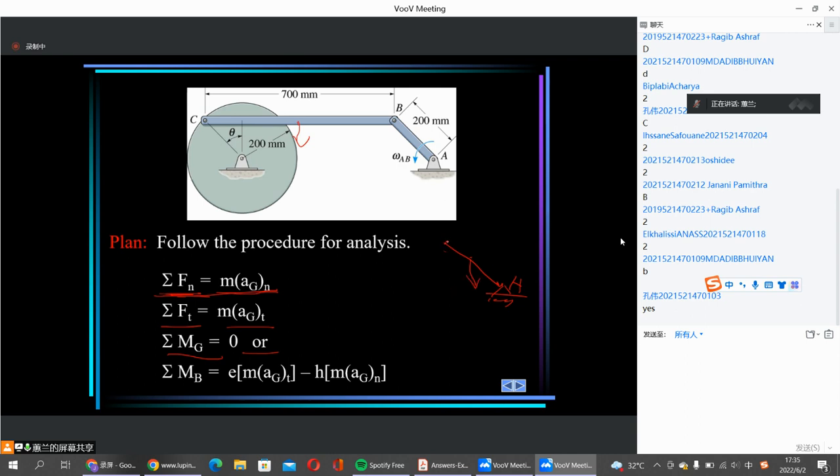For B, again, we have Bx prime, By prime, and A. This is the FBD. We also have the KD for AB, and you can find Bx.